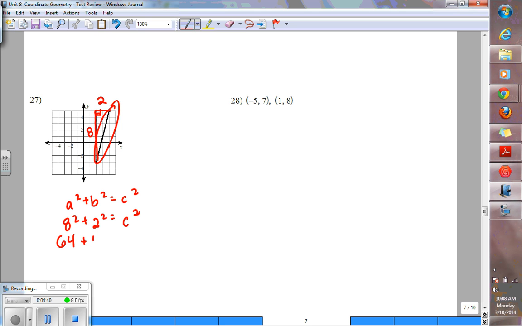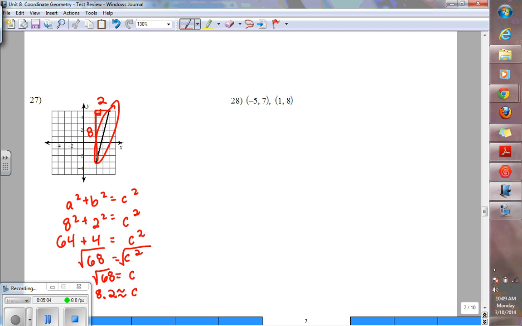I've got 64 plus 4 is equal to c squared. I need to square root both sides, which means c is equal to the square root of 68. It asks me to round to the nearest tenth, so when I punch that in my calculator, I get that c is approximately 8.2 units.